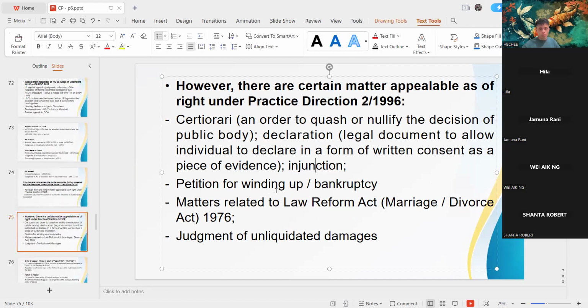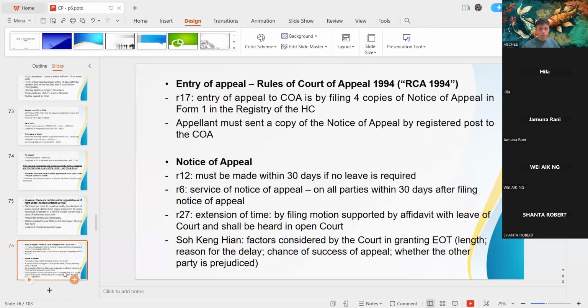Also, here are the matters like petition for binding, matters related to the Law Reform Act, like marriage or divorce, and judgment for unliquidated damages. You can appeal as of right. How are you going to enter into an appeal? Pursuant to the Rules of Court of Appeal 1994.